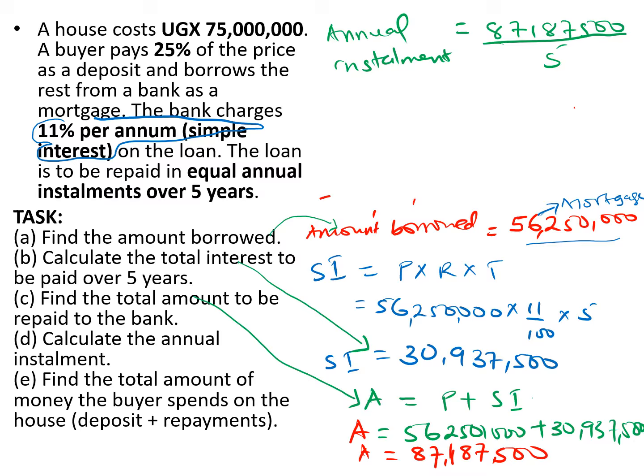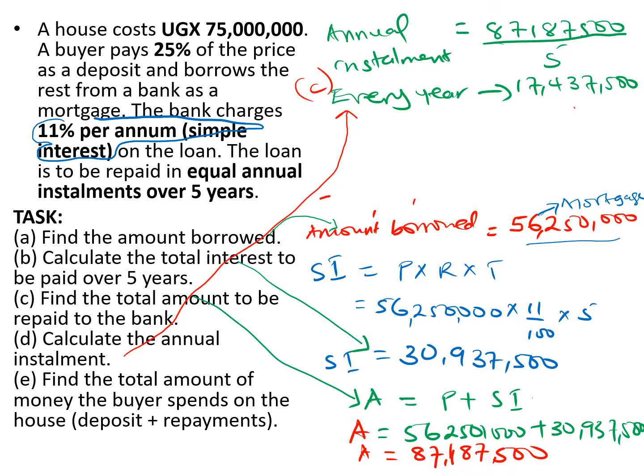It means that annual installment, every year, he could be paying 17,437,500. So this is for part C.